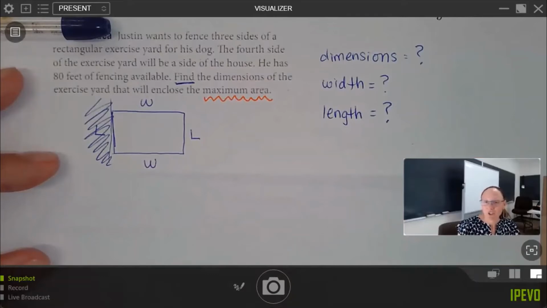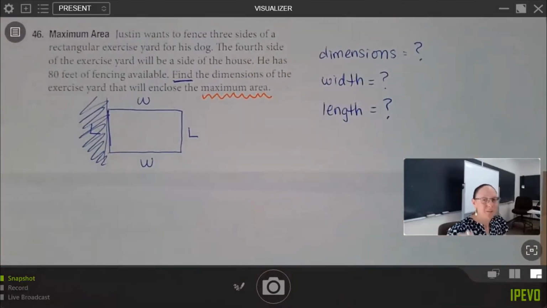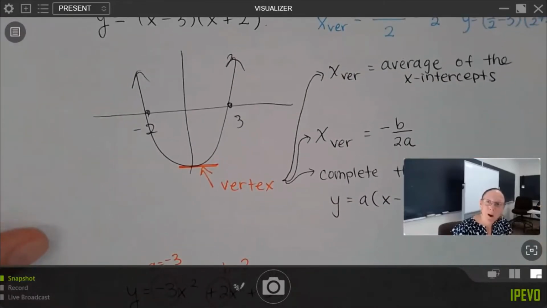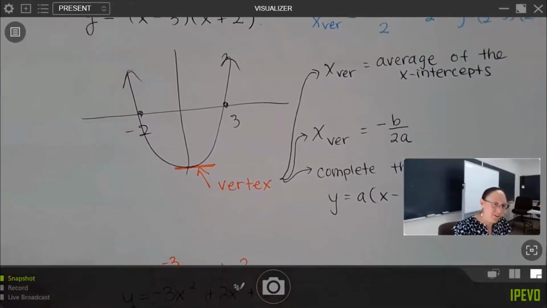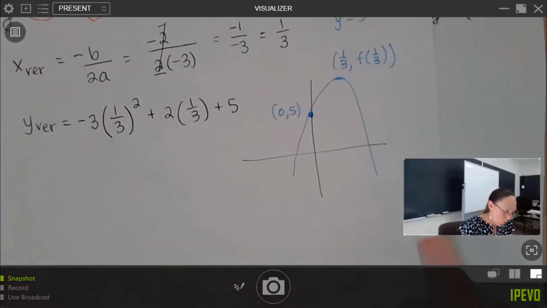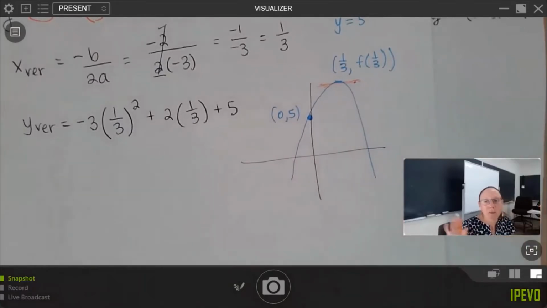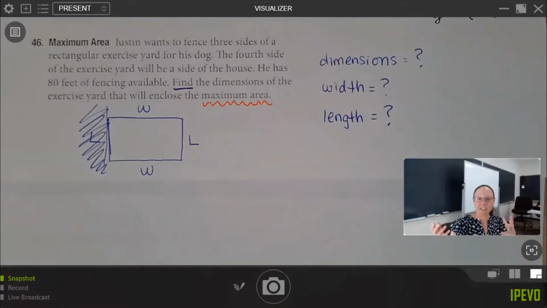An optimization problem just means we're probably going to have some sort of parabola thing, and we probably need to figure out either the smallest value or the largest value. And once we have calculus tools, it doesn't always have to be a parabola, but that same idea is going to hold.